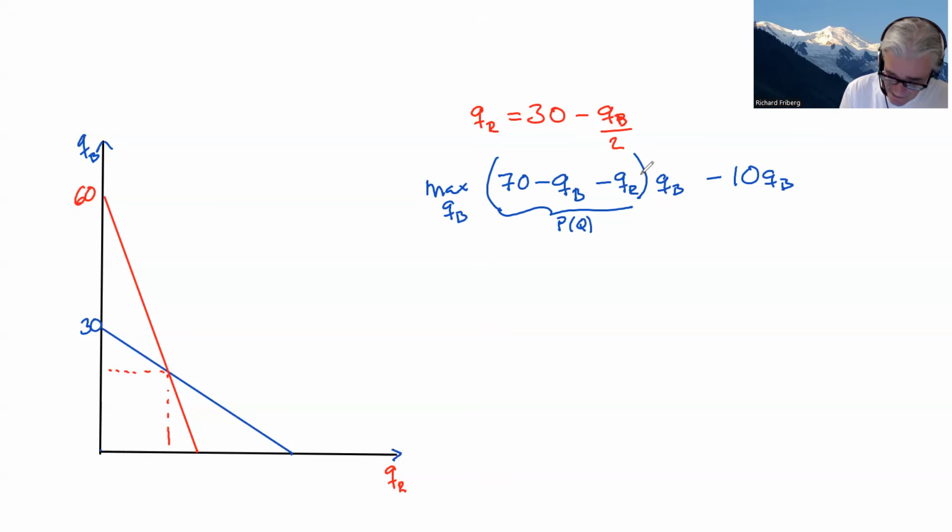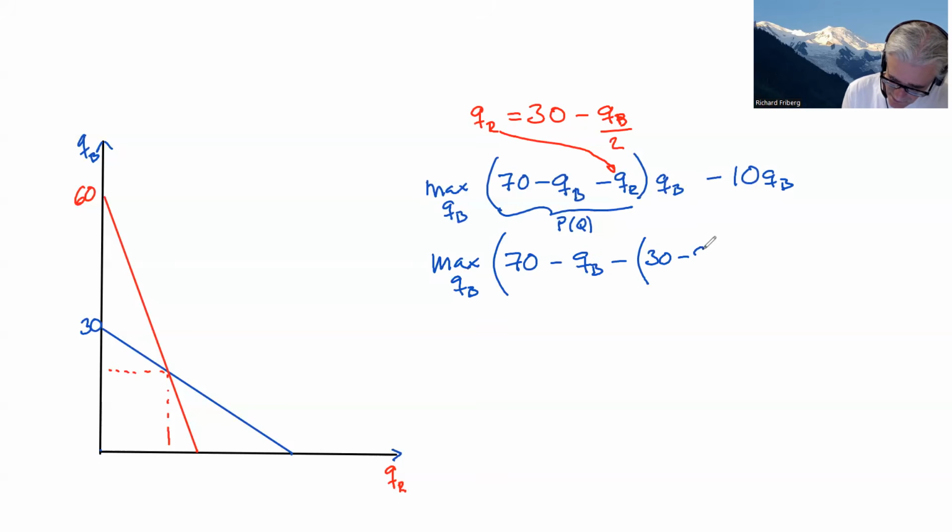So we can plug this in, instead of having QR here. Let's do that. The maximization problem for blue then becomes max over QB, choosing QB, of 70 minus QB, which is still the same, minus, and then we're plugging this in, 30 minus QB over 2, times QB minus 10 QB.